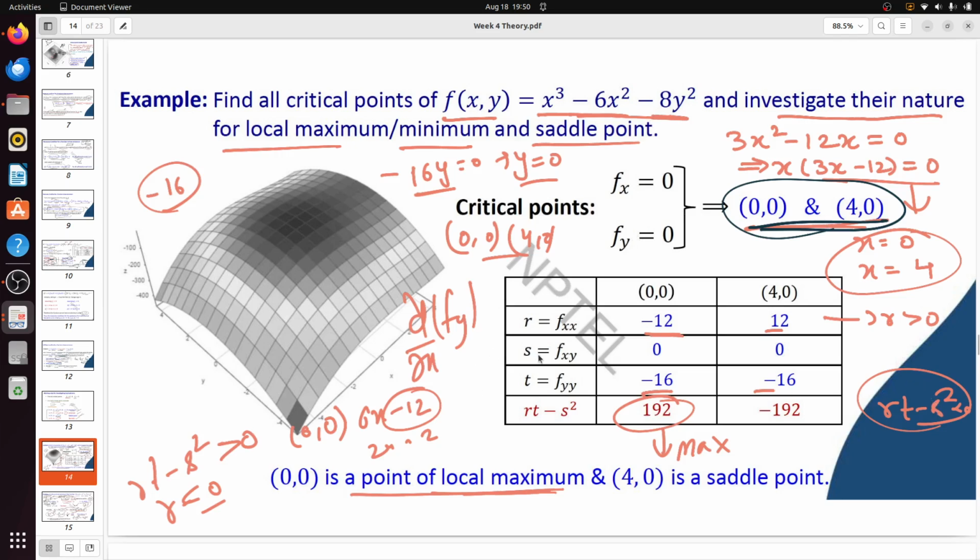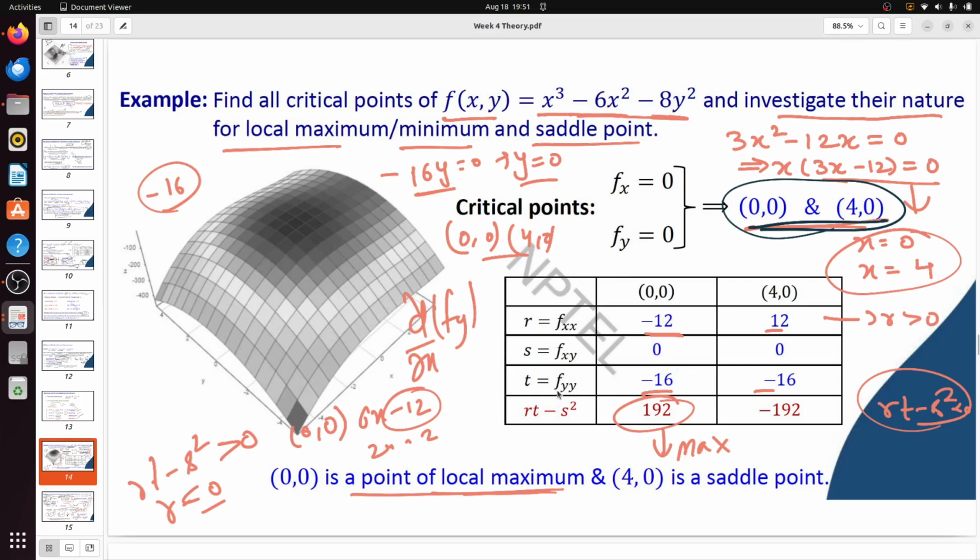Now you need to determine the values of r, s, t. fxx is equal to 6x minus 12. At (0, 0), r is less than 0. First you need to determine rt minus s square. s is 0 for both points, because there is no term involving x times y, so if you take the derivative and then the derivative with respect to y, you get 0.